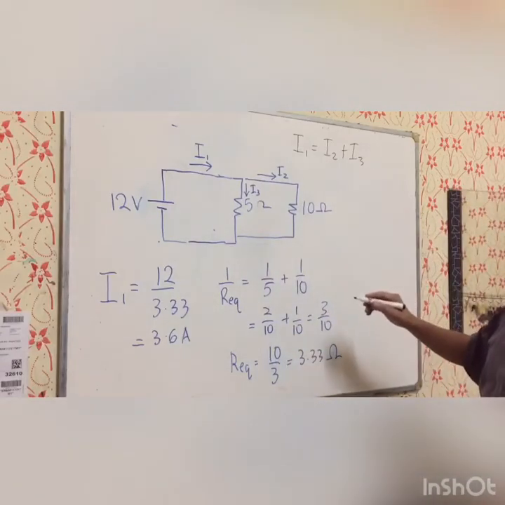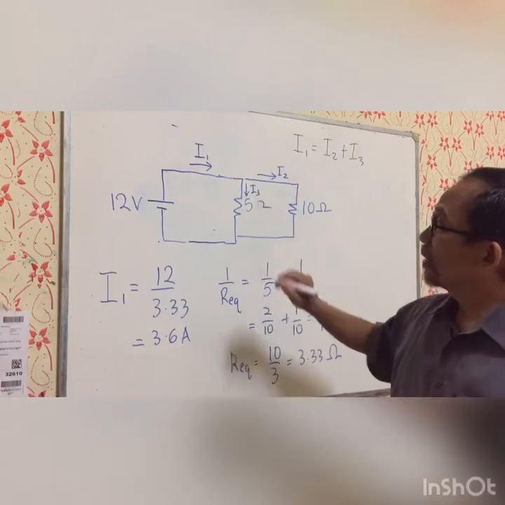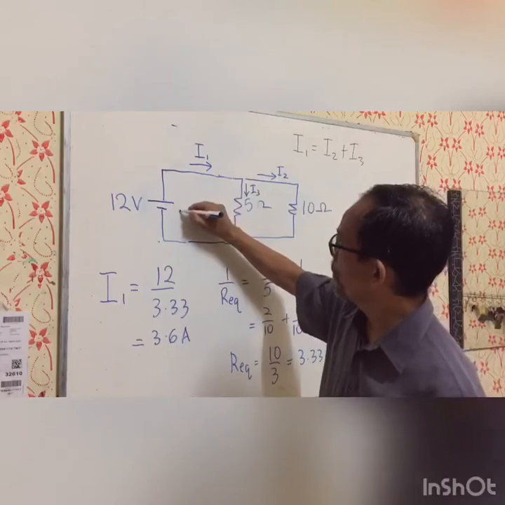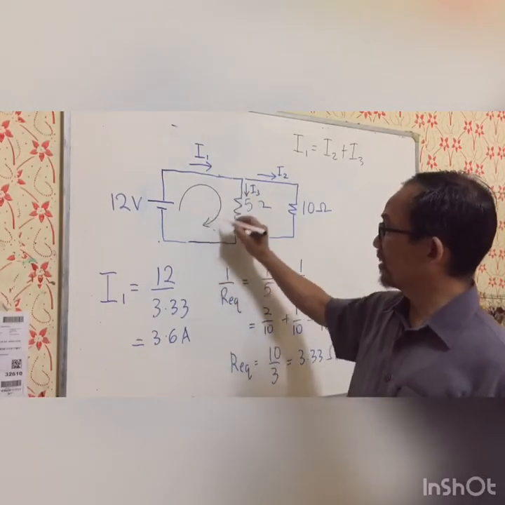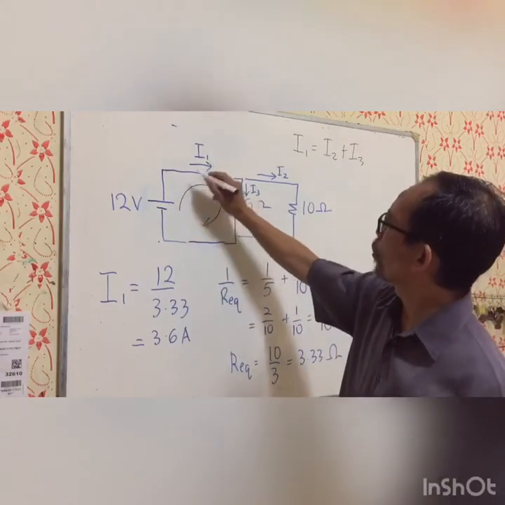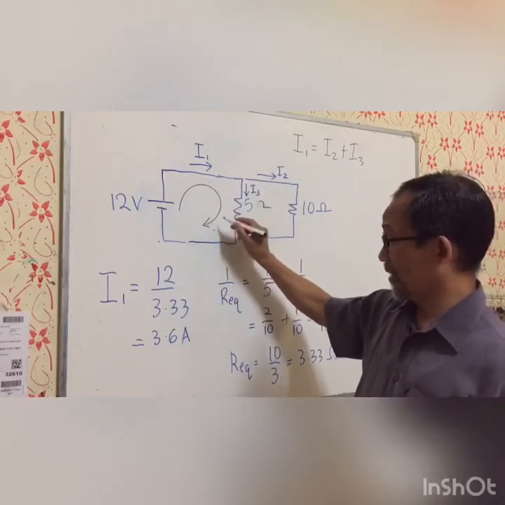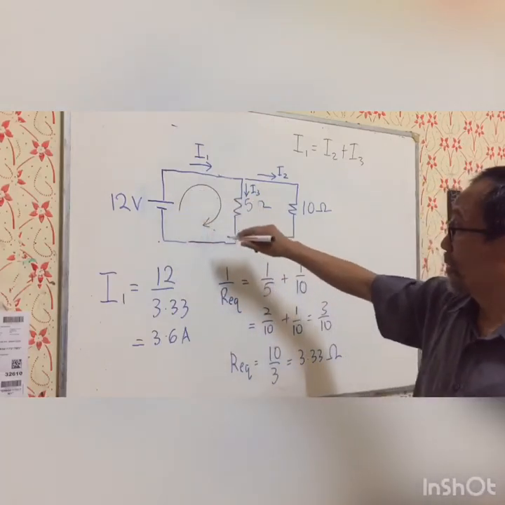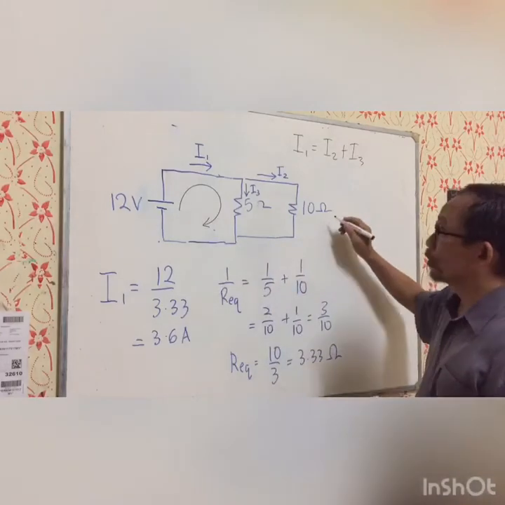And to find I3, we can apply the loop rule for this part of the circuit. So we can put an arrow, a curved arrow there in this direction. Why in that direction? Because we know that the current is flowing that way. So in the same way as the arrow. So all the voltage drop around the loop will be equal to 0.